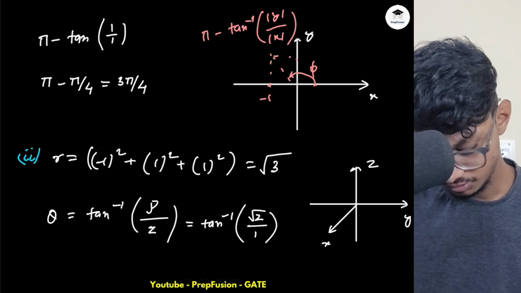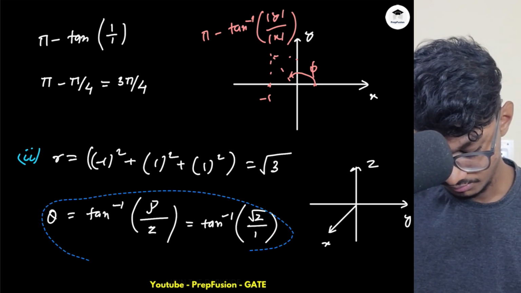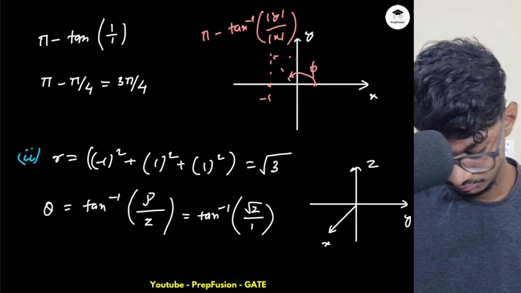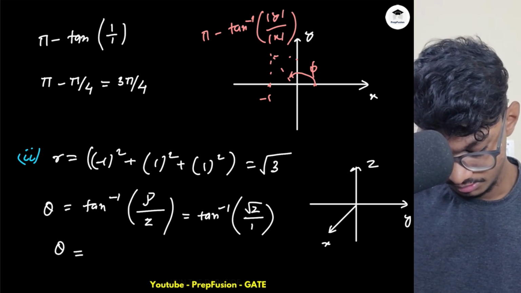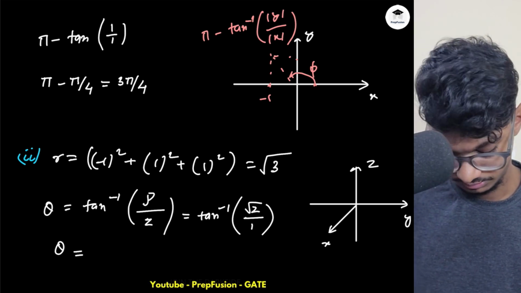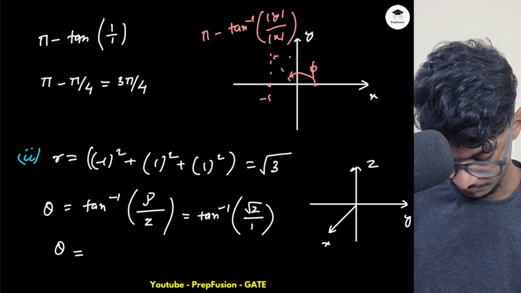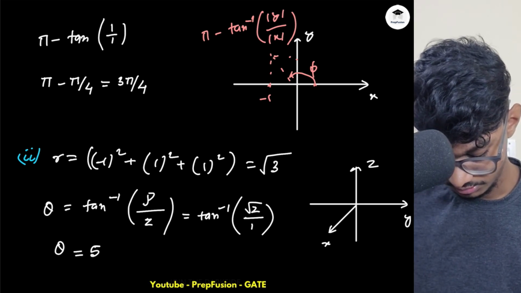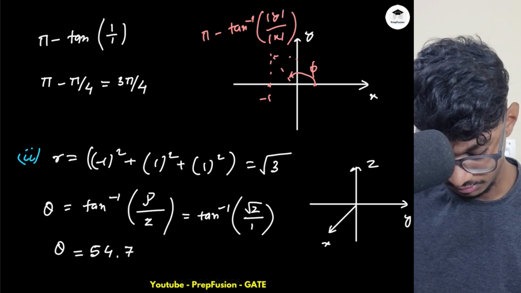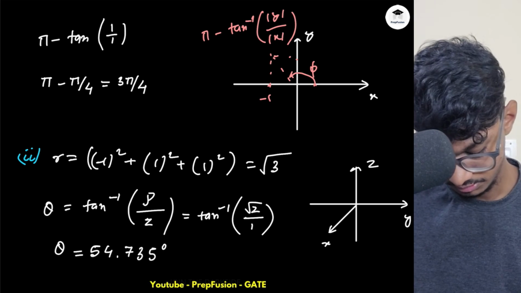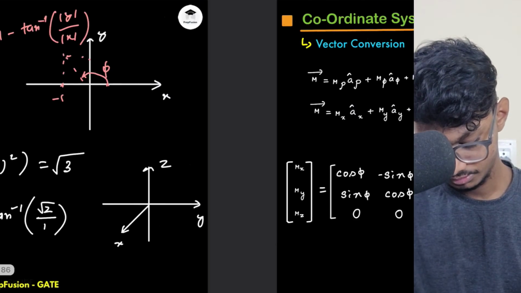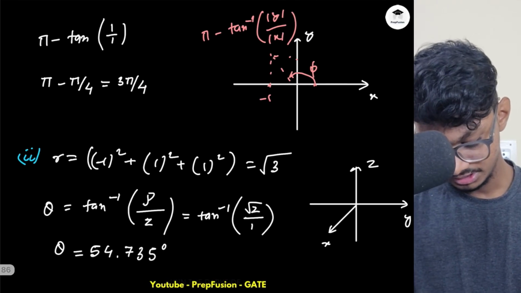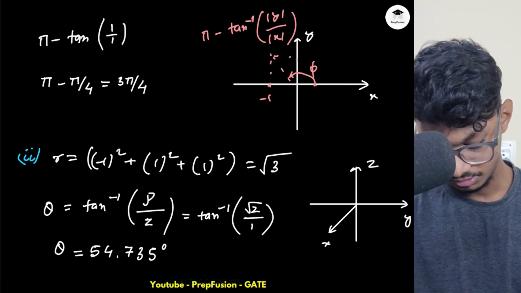So theta will be equal to tan inverse of root 2 divided by 1. So this will be 54.735 degrees. So yeah, this will be the answer for the particular question.